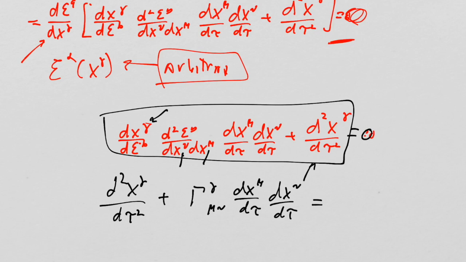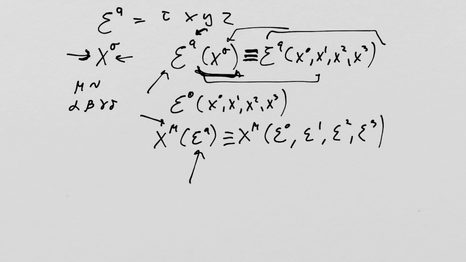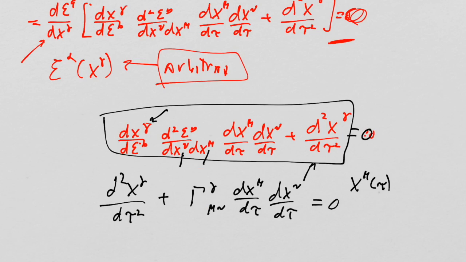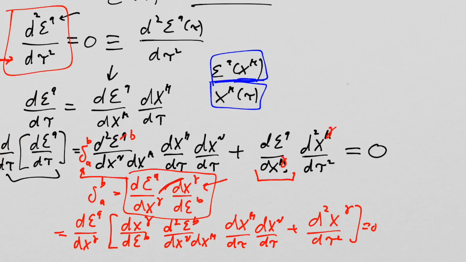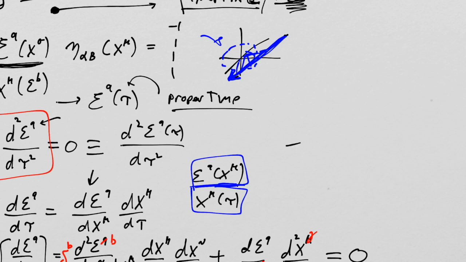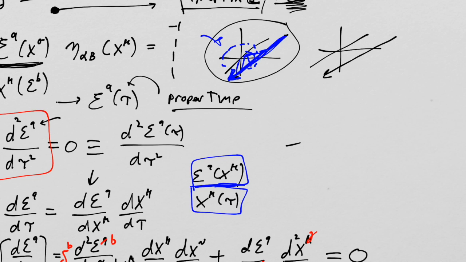This is now a differential equation for x mu of tau, which is the path of this object in, whoops, where did I have that old coordinate system? Hold on. In this other coordinate system, right? So now this path here was, for example, E alpha of tau, which was a straight line path in Minkowski space.